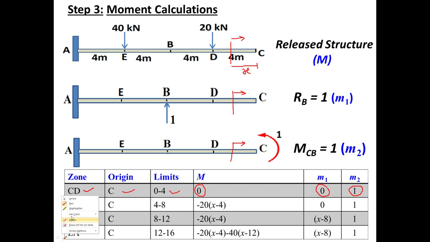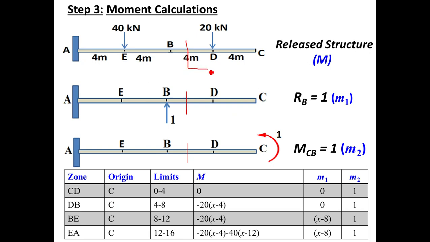Now similarly we have to take sections in the second zone. If you take a section in the second zone, the distance of this section from the origin is X. If you observe the right portion of this section, there is only one point load, and that is 20 kilonewton in the released structure.